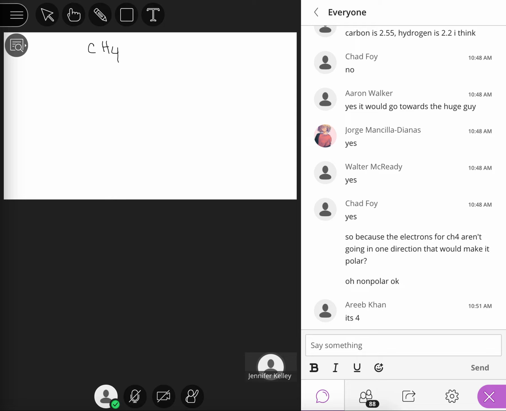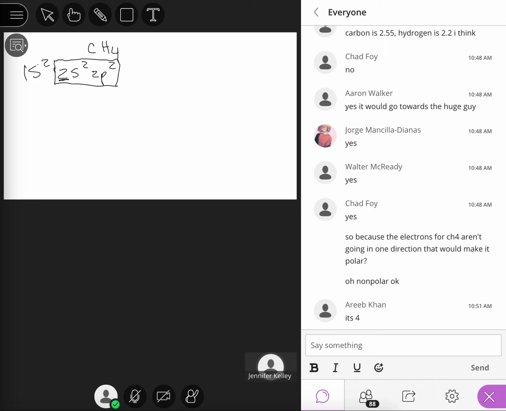Okay, so it's in the second row, so we're going to be ending in the 2p. Carbon would be 1s2, 2s2, 2p2. So it's got a total of 6 electrons, and these right here are valence.